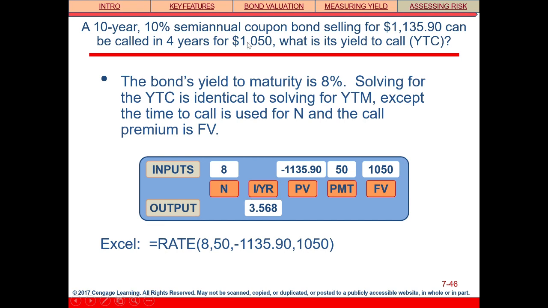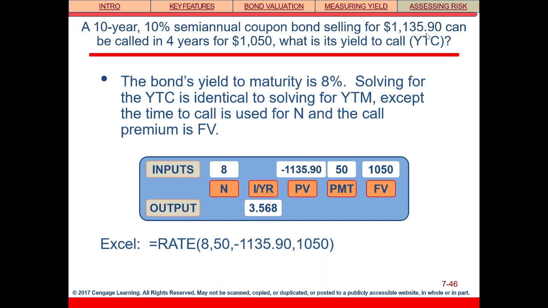And now we have to use call price rather than a future value. So call price is $1,050. That's the call price. So the price right now is the PV, $1,135.90.